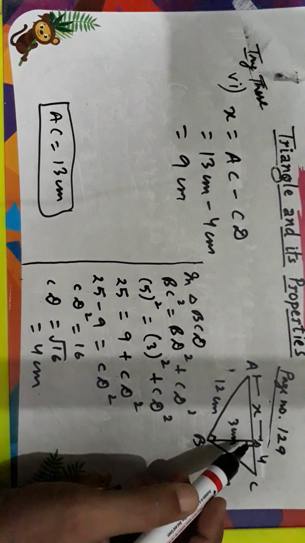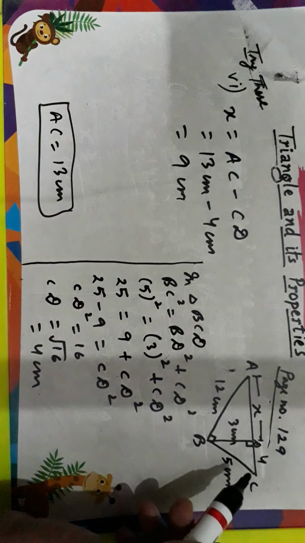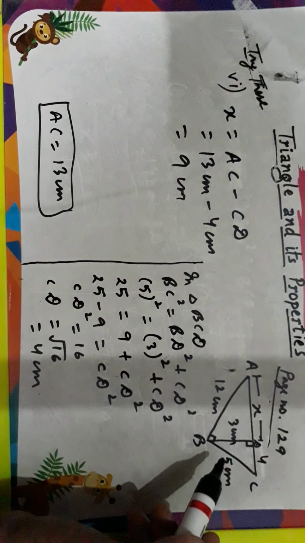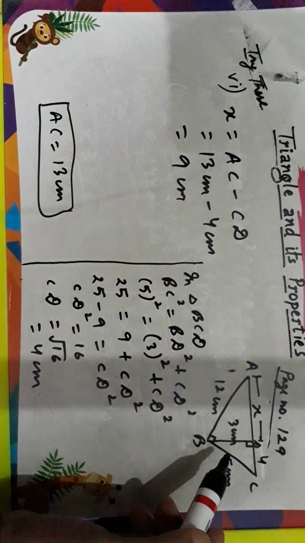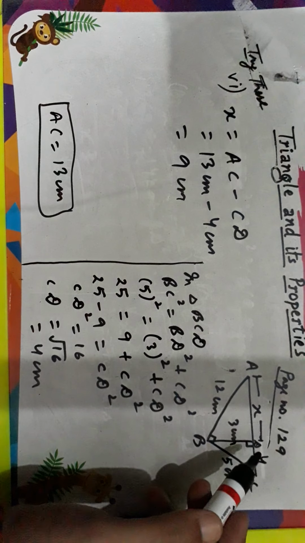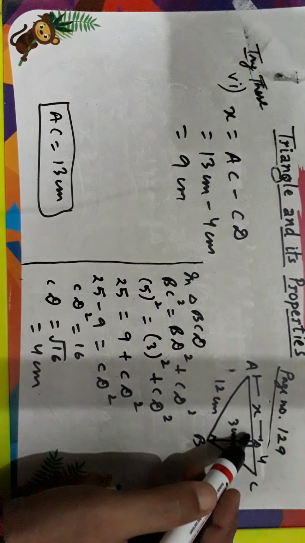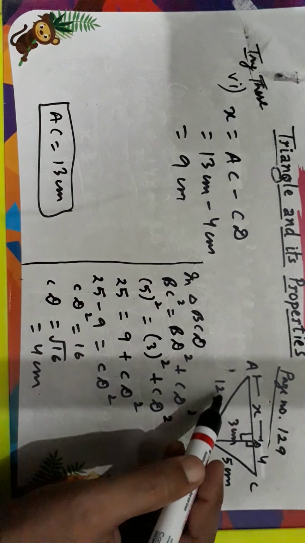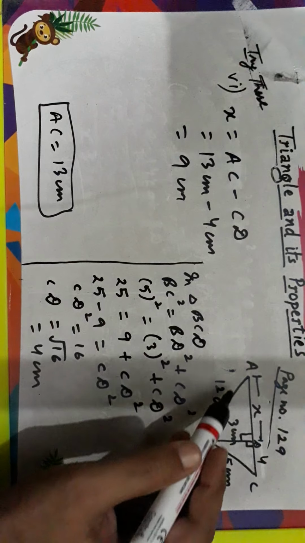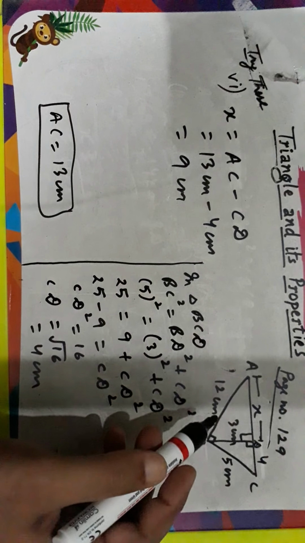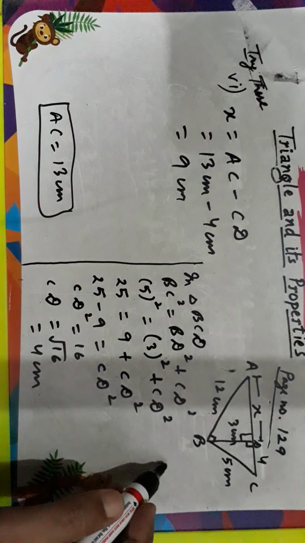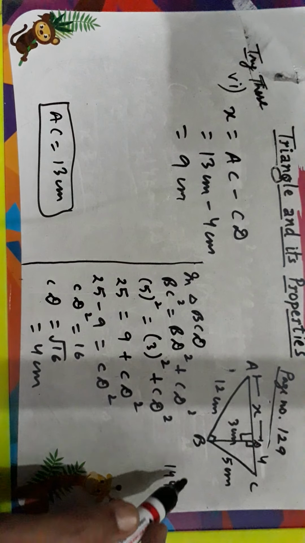Anyways, one thing I would like to add is that this figure is correct, but the numbers given here are inappropriate. Why? Because if this is 90, this also will be 90, and if you check, this is the hypotenuse, so hypotenuse square will be 144, since 12 square is 144.